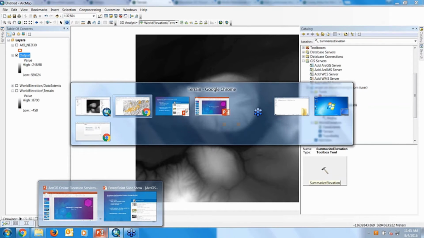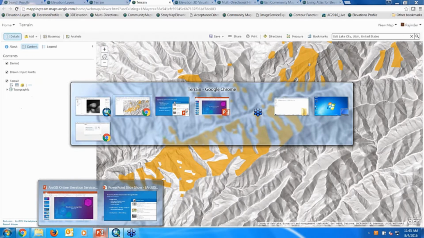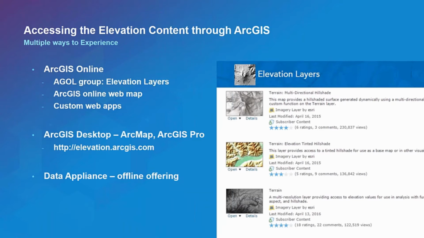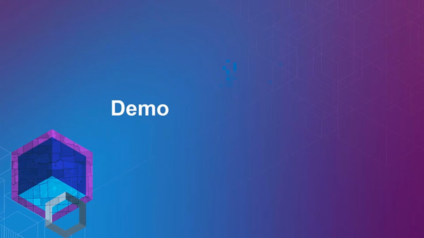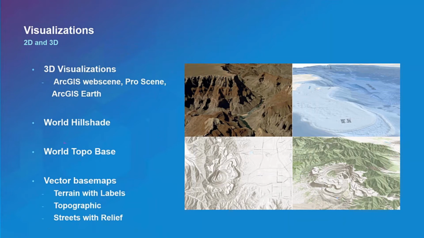Let's go back quickly to my presentation here. So as we have seen in the demo, you can use these dynamic image services and GP services for analysis and visualization.